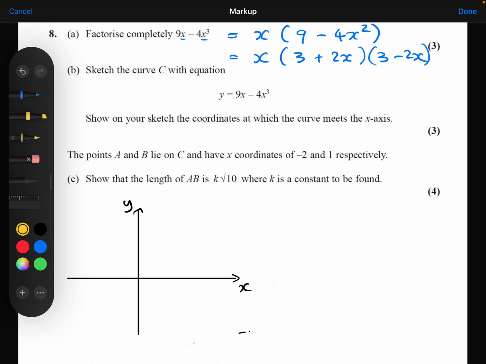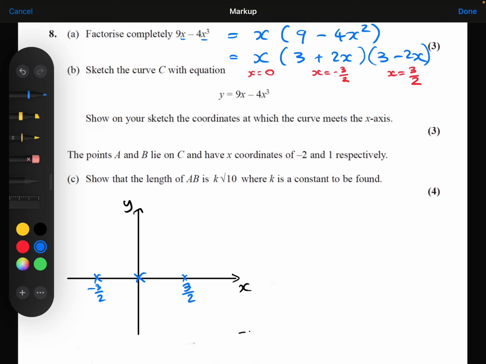So I can see that it is going to intersect on the x-axis at 0, or minus 3 over 2, or minus 1.5, or plus 3 over 2, or plus 1.5. So it's intersecting at 0, at minus 1.5, and at plus 1.5.